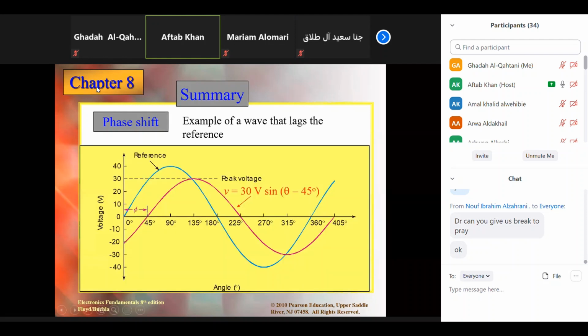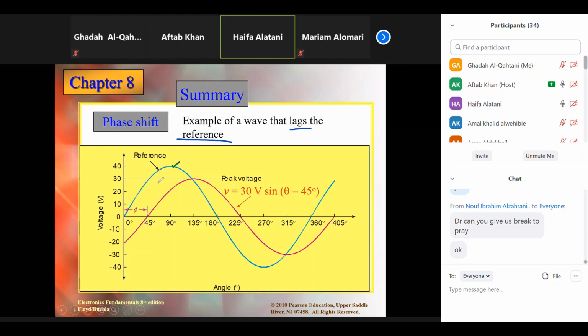All right, see now. Here is an example of a sine wave that lags the reference. Which one is the reference? The blue one is the reference. It's starting from exactly 0 and ending at 360 exactly. So we are going to check with the red one what the relationship between them is.